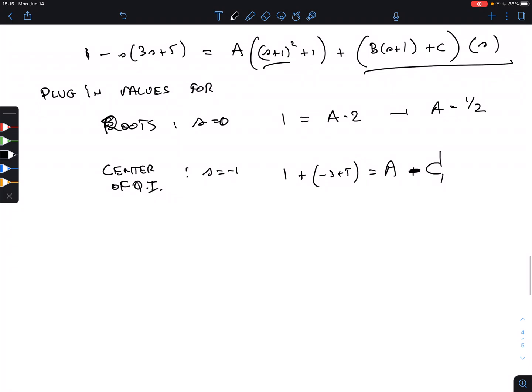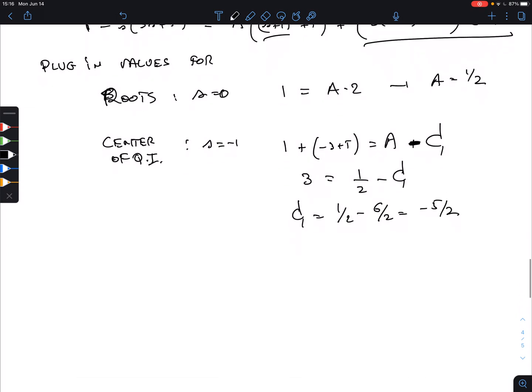Okay, so this is 2, this is 3 on the left, and this is a half minus C, so we see that C is equal to a half minus 6 halves, so that is minus 5 halves. And then finally, to find another value.